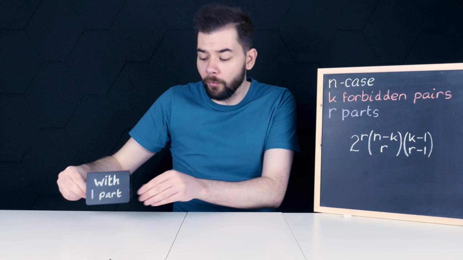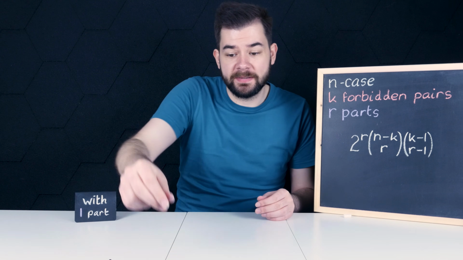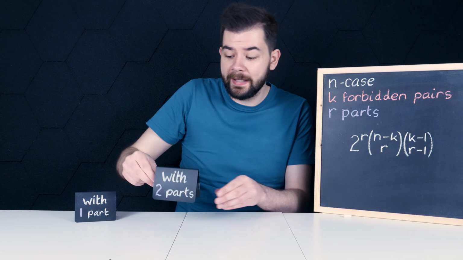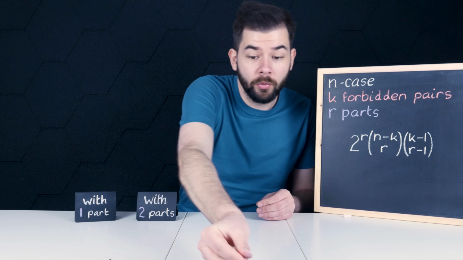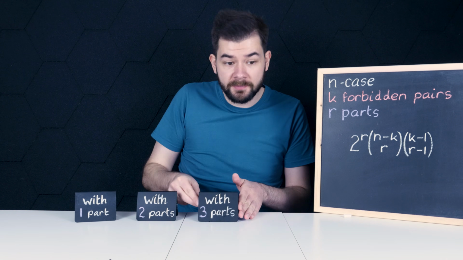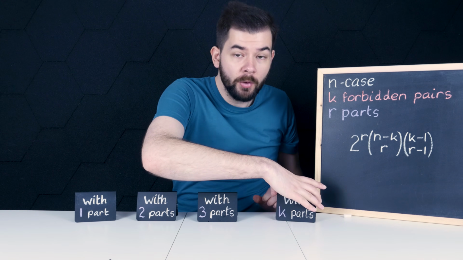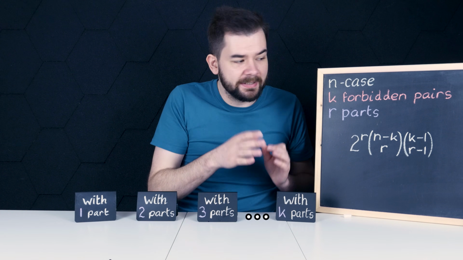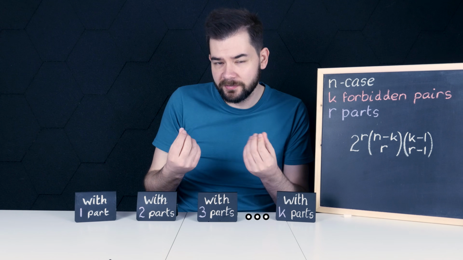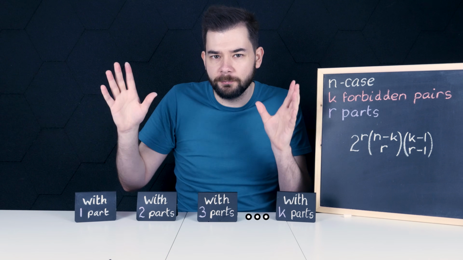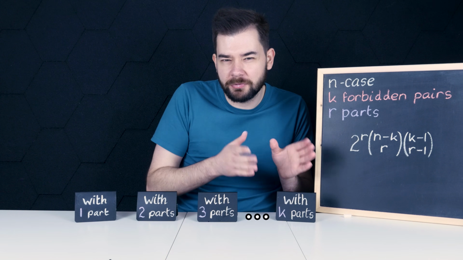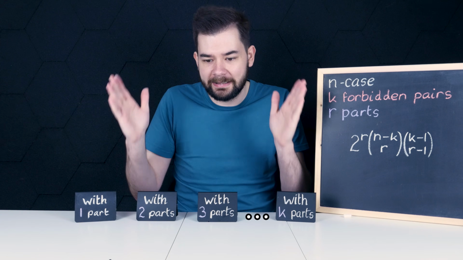So we can take all the cases where the forbidden pairs are split into 1 part, all the cases where they are split into 2 parts, all the cases where they are split into 3 parts, and all the cases where they are split into k parts. We stop at k because k is the number of forbidden pairs, and you can't split them up into more than k parts because k parts represents when all the forbidden pairs are completely independent.